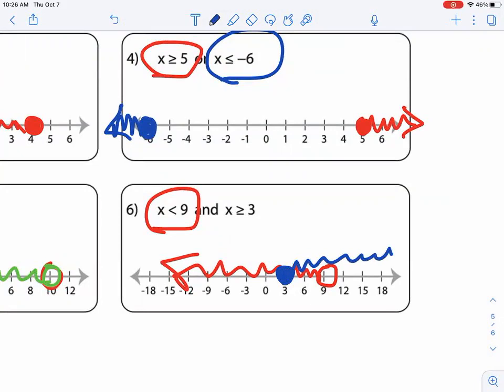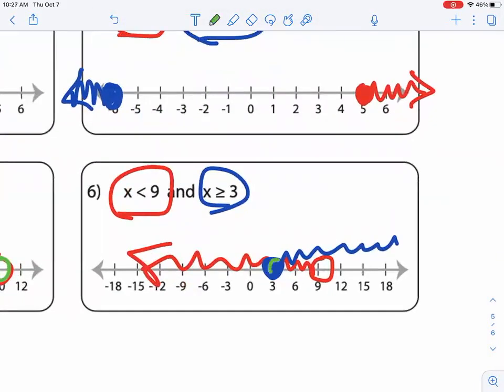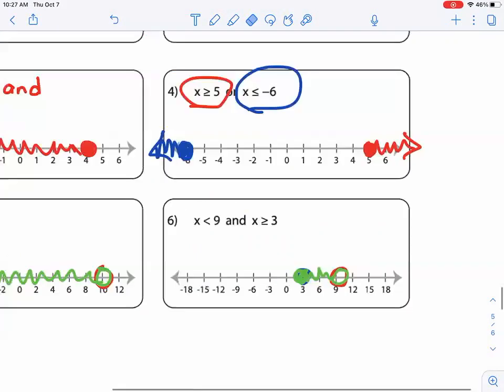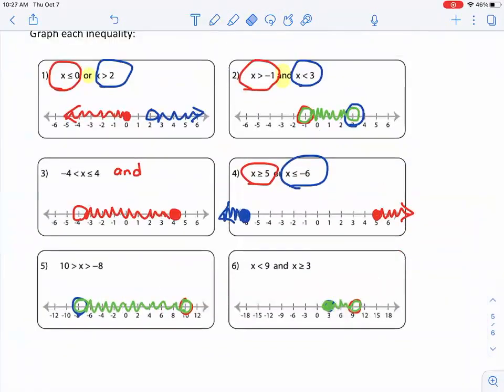And so again, for an AND statement, I need the overlapping stuff. So the overlapping stuff would be a closed circle at 3, an open circle at 9, and shaded in between. So that would be our final answer.